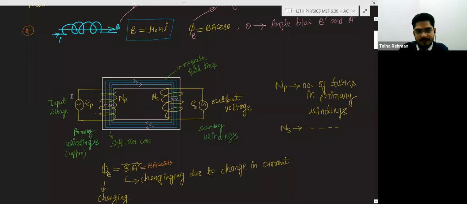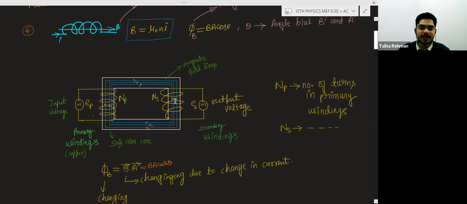Now you have supplied the voltage, and due to this voltage there will be current in the winding, and due to the current there will be a magnetic field, or you can say magnetic field lines. And due to the soft iron core, the magnetic field lines will also pass through the secondary winding.